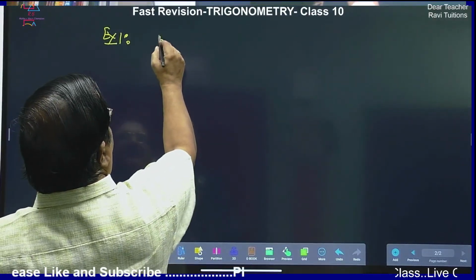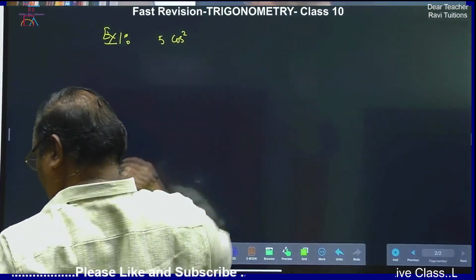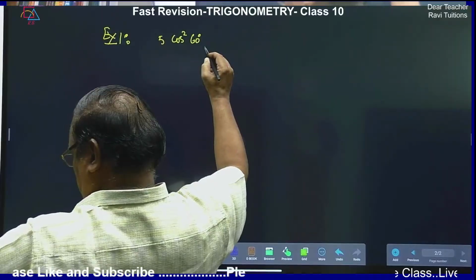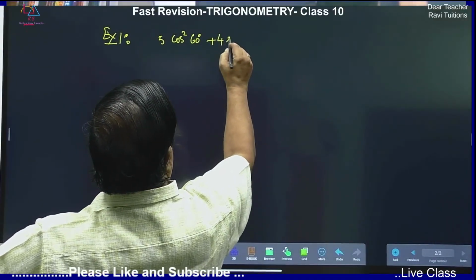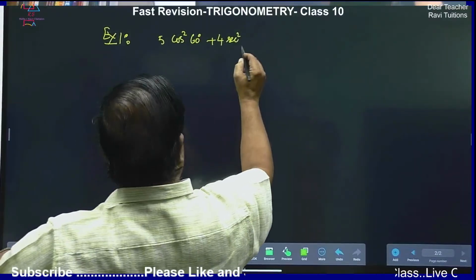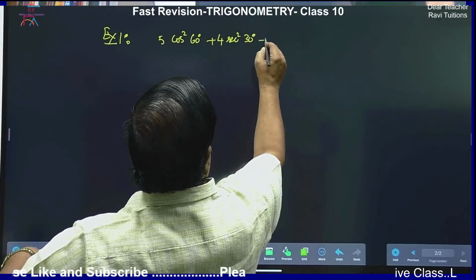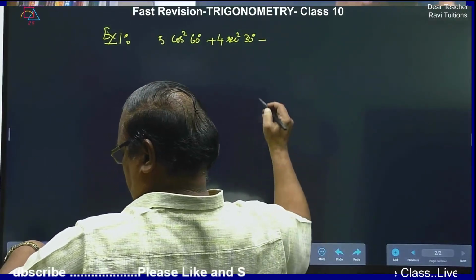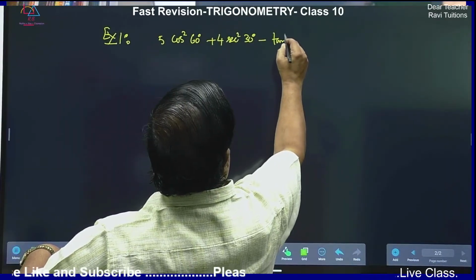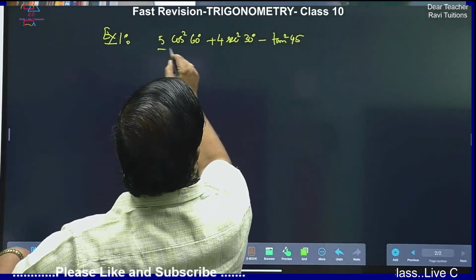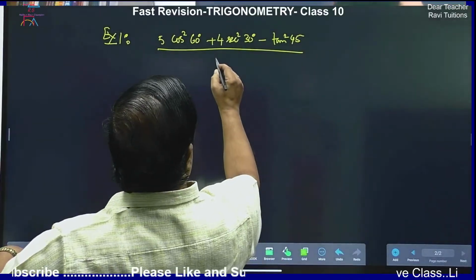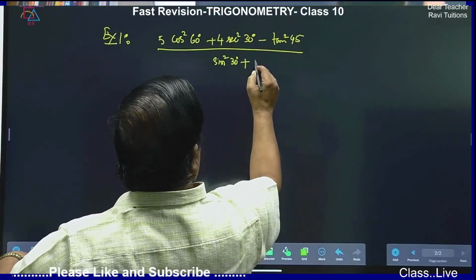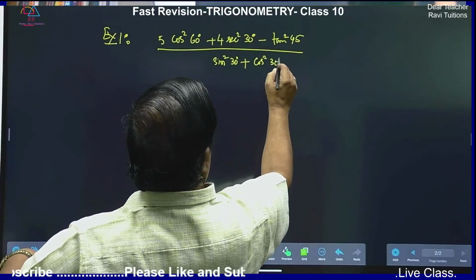I am directly using the bigger questions only. 5 cos square 60 degrees plus 4 secant square 30 degrees, minus tan square 45 degrees, whole divided by sin square 30 degrees plus cos square 30 degrees.